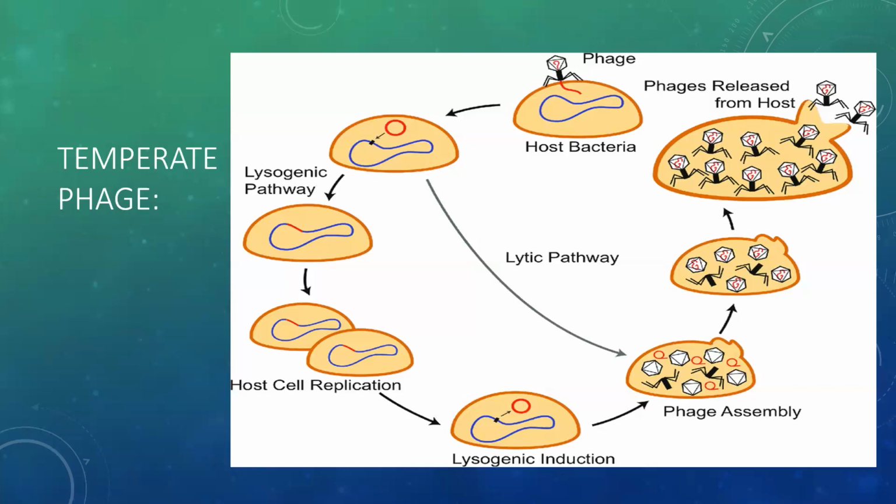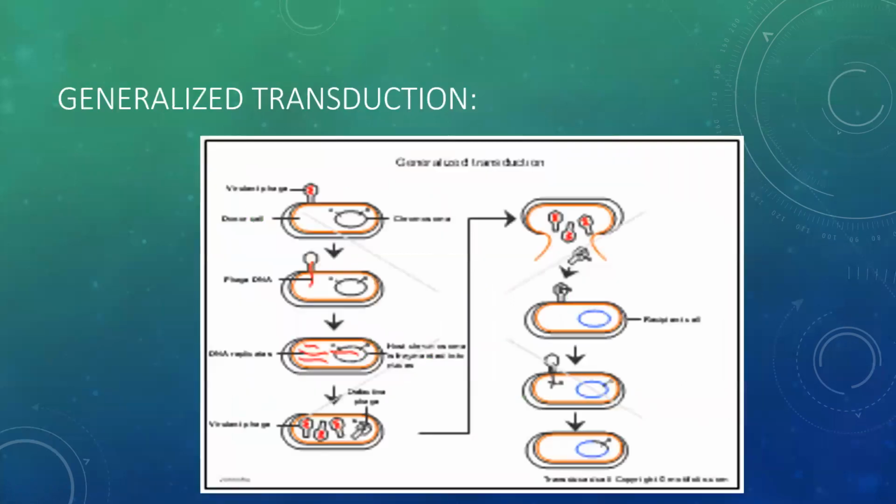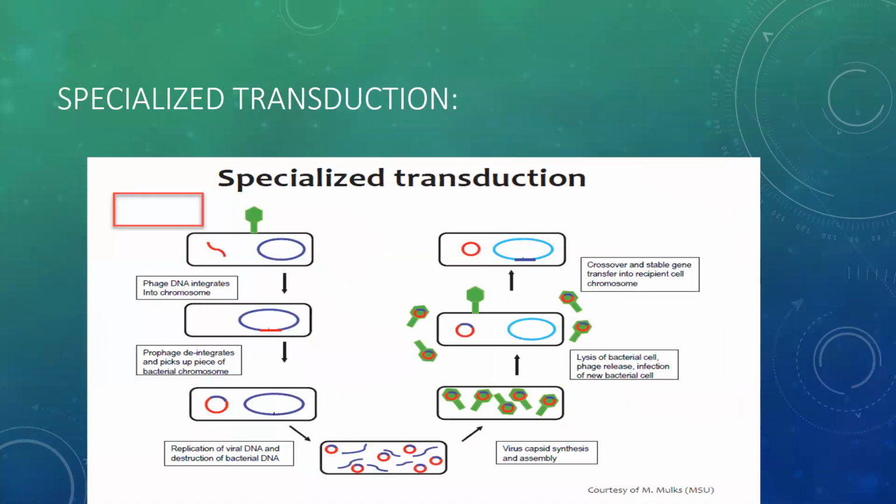When the condition arises where the lysogenic cycle is getting converted to the lytic cycle, at that moment there is the packaging of virus DNA into the capsid, but sometimes it is possible that they might take DNA from the bacteria into the capsid. So there are two processes which describe this transduction. First is the generalized transduction and another is the specialized transduction.